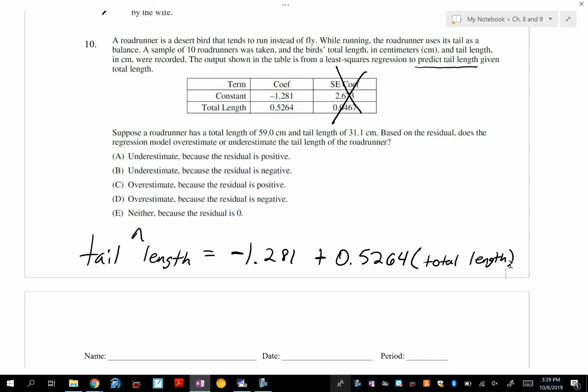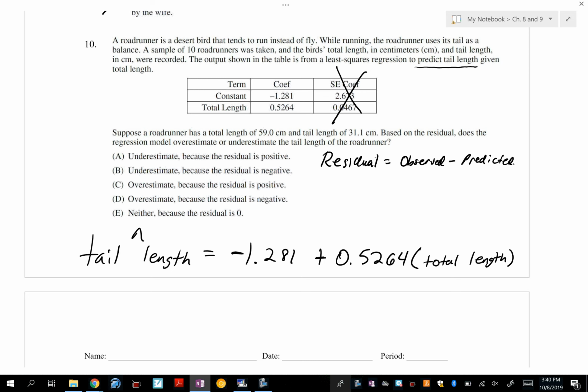Okay, so based on the residual, I see the word residual again. Observed minus predicted. If you haven't been convinced by now, I'm not sure what else to tell you. That was 3 problems where we've used this formula out of 10.